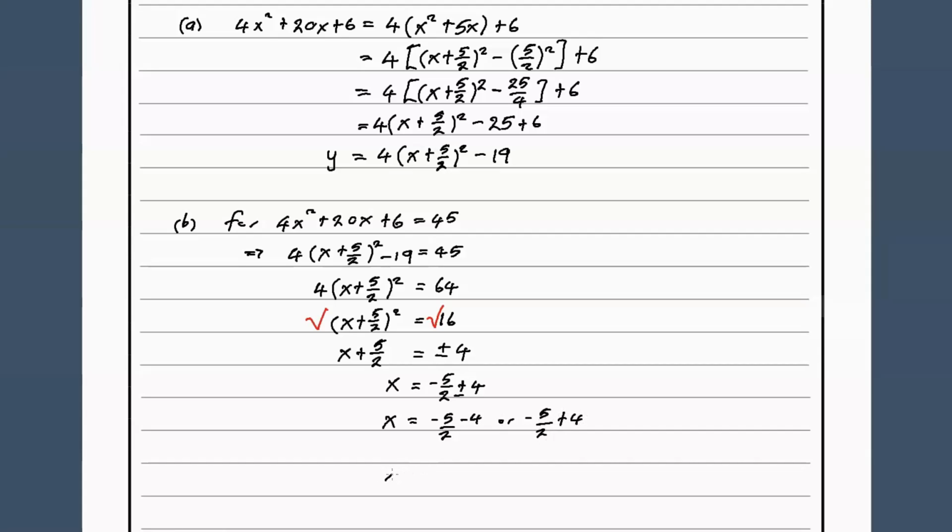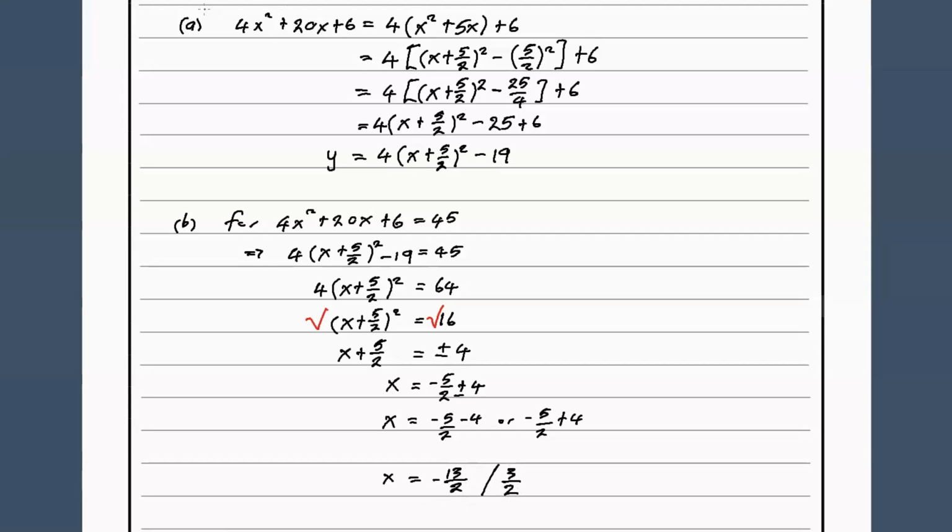So the values of x will be: minus 5 over 2 minus 4 should give us minus 6.5, because this is minus 2.5 minus 4. So minus 6.5, which is like minus 13 over 2. And the other one, minus 5 over 2 plus 4, should give us 1.5, which is 3 over 2.